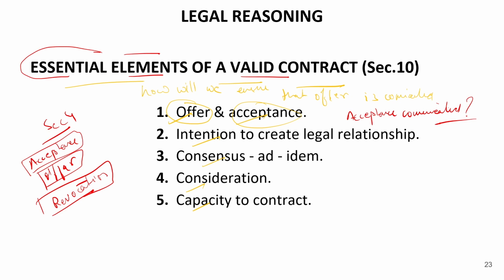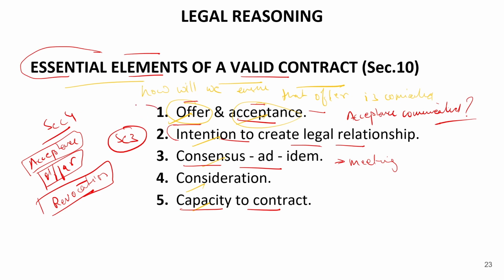How can it be understood that a person has the capacity to enter into an agreement? The capacity to contract is very important for you. Consensus ad idem, known as the meeting of the minds, we will study that also. Offer we have studied, acceptance we have studied, how offer and acceptance have to be communicated we have studied. Now we will talk about intention to create a legal relationship, which has been studied under section 3.